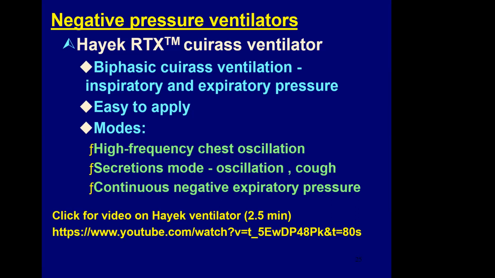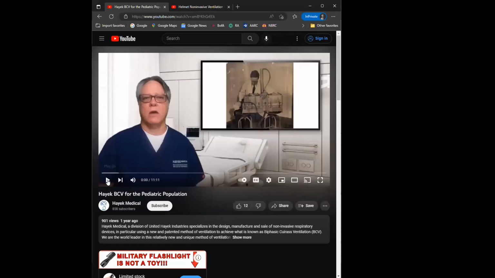The modes include high frequency chest oscillation, and there is a secretions mode which supplies oscillation as well as a cough. And also, we can apply continuous negative expiratory pressure. Let's see a video. I have no financial interest in this ventilator, but I love it.